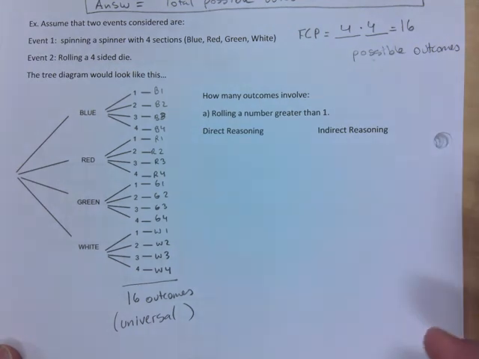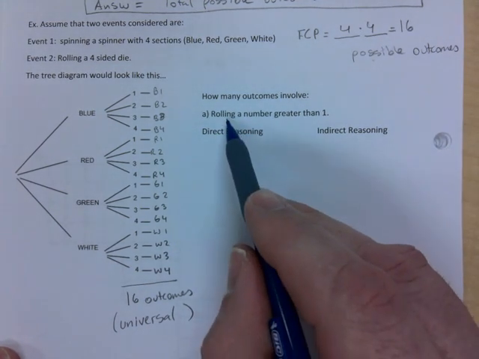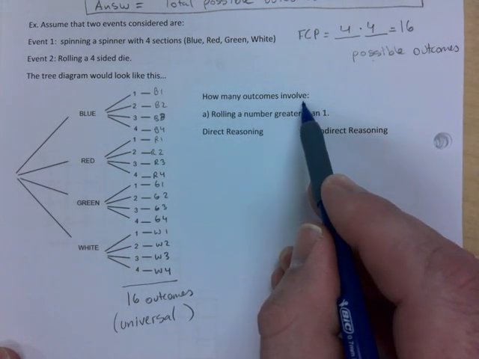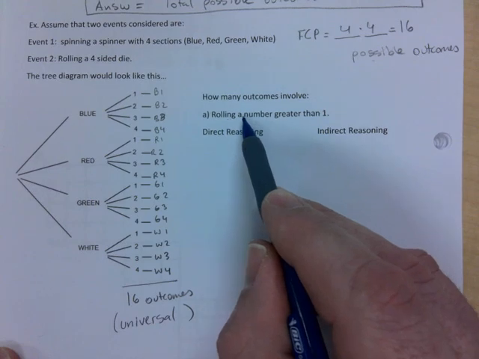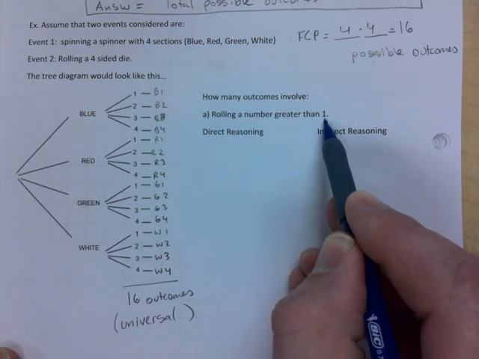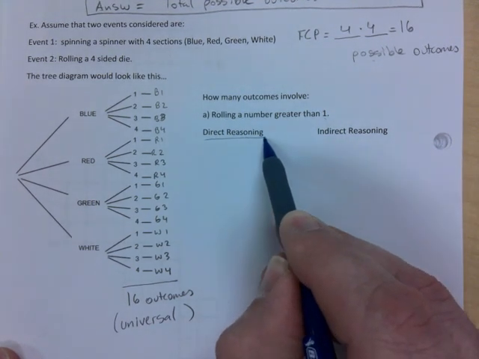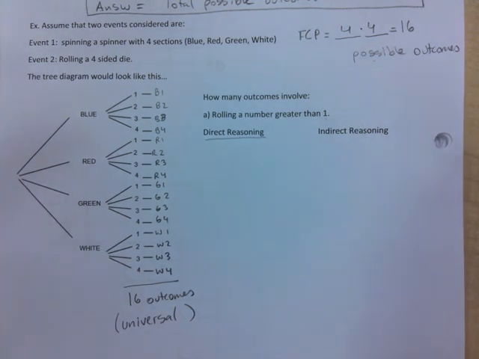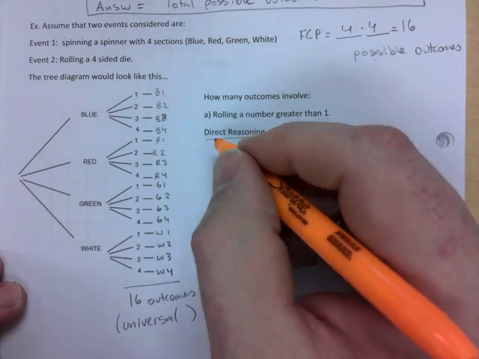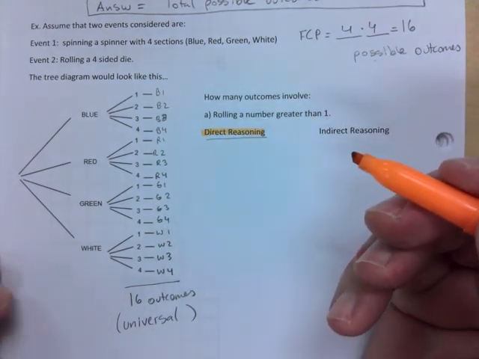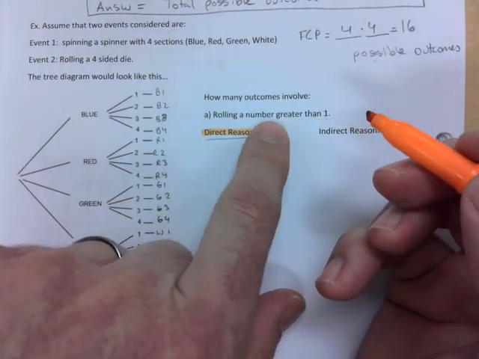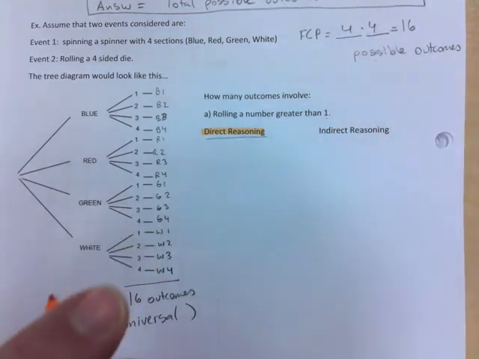So how about now we'll ask some questions here. How many outcomes involve rolling a number greater than 1? Using direct reasoning, I'll use orange for direct reasoning here on this page. We would just find all the numbers that are greater than 1.